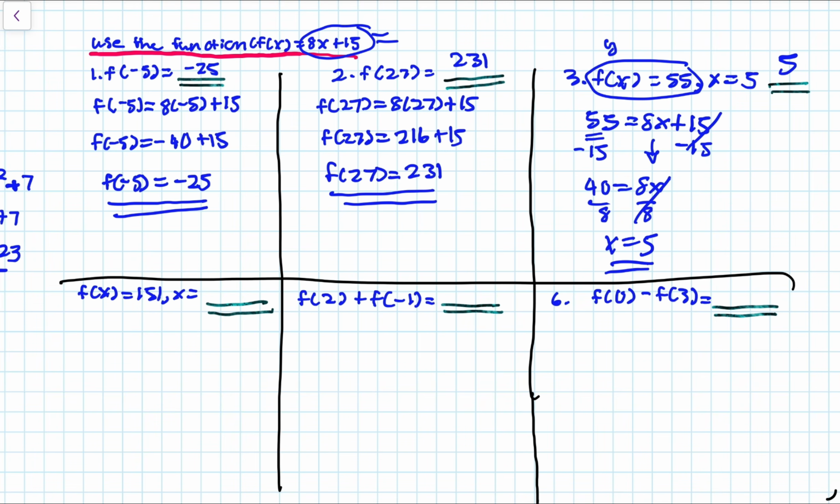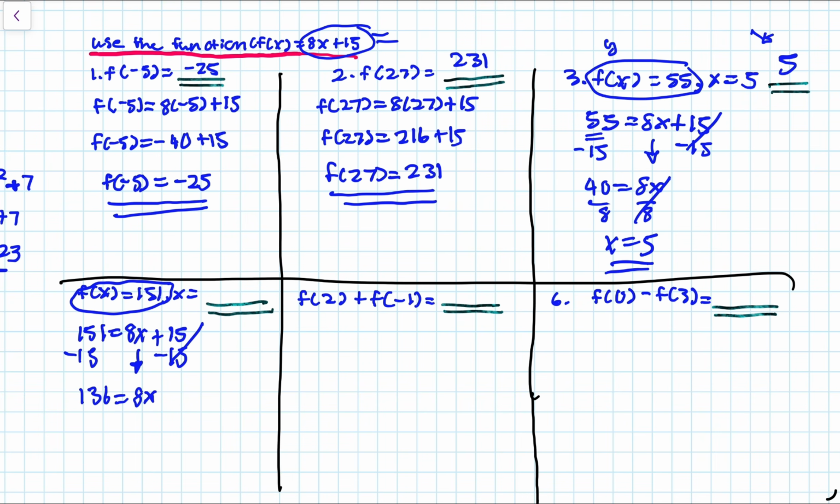Okay, what about this next equation? It's actually pretty similar to the one that we did right over here. We're going to plug in 151 equals 8x plus 15, and subtract 15 from both sides, and they cancel out, and we are left with 136 equals 8x.